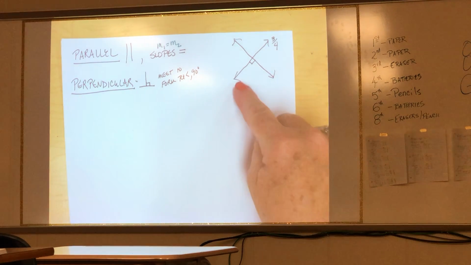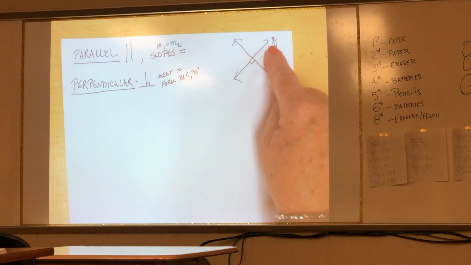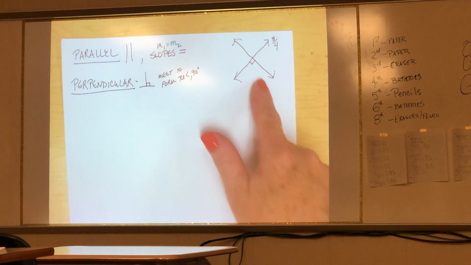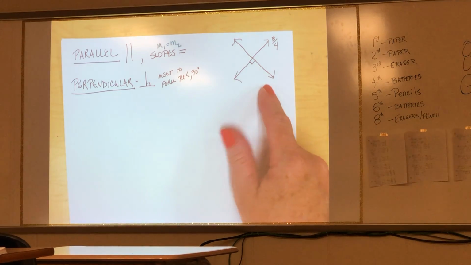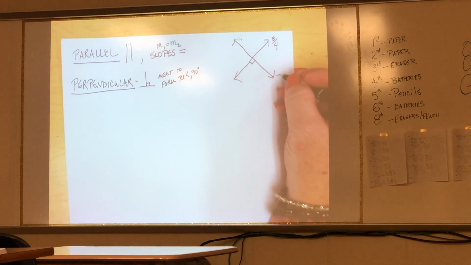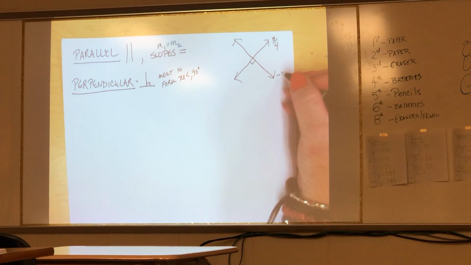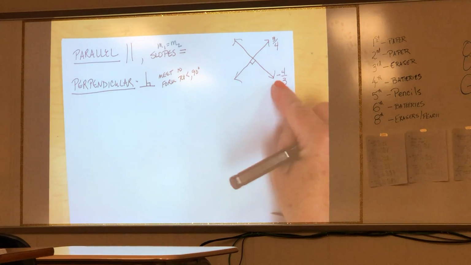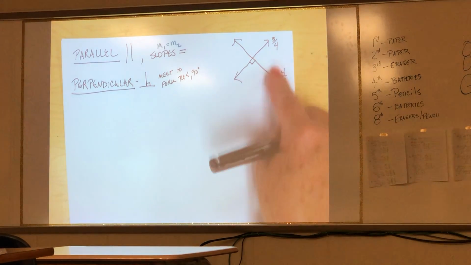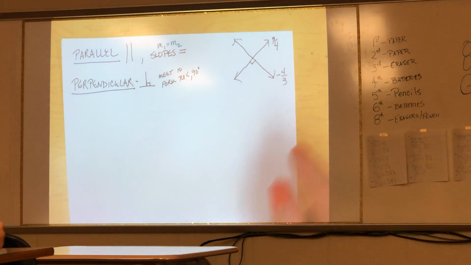The other one would be positive because it's going up. First of all, what do you notice about this line? It's decreased. So it's negative, and then what do I do with this number? Flip it. Yeah, 4/3. So they are opposite, that means they have opposite signs, reciprocals.